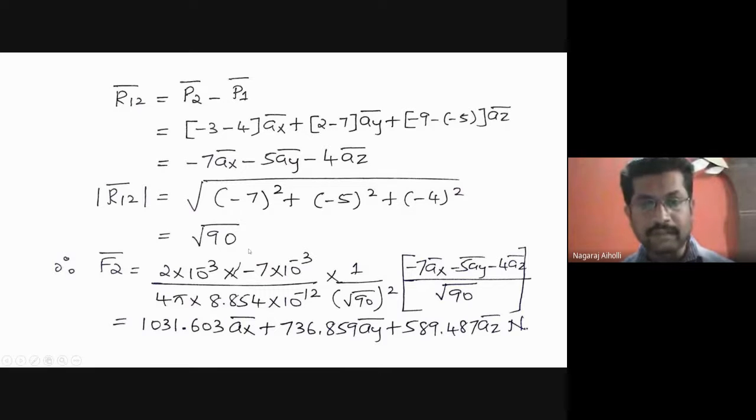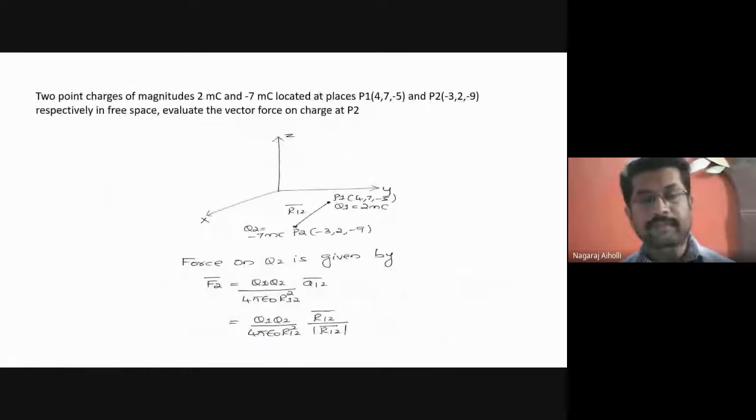Substitute the values, students, and find the F2 equation in vector form. Do the calculation. Just substitute the values of Q1, Q2, epsilon naught, R12 whatever we have found out, and the unit vector, that is R12 bar divided by its magnitude. Substitute and tell me the answer. What will you get?